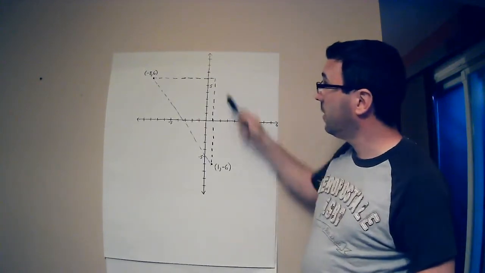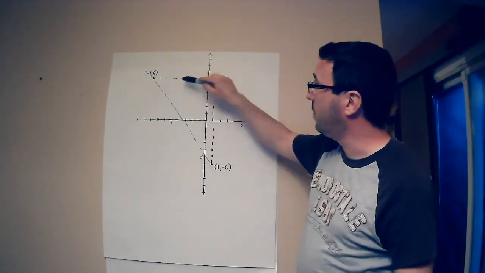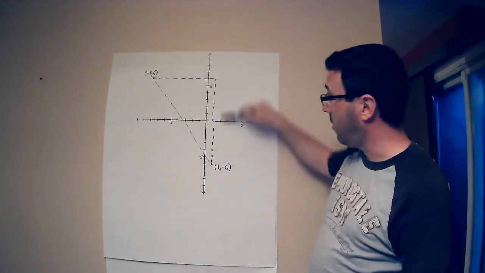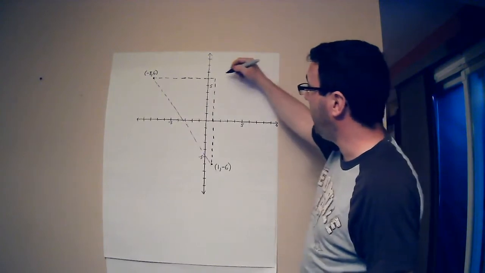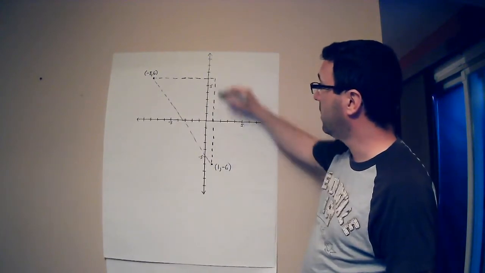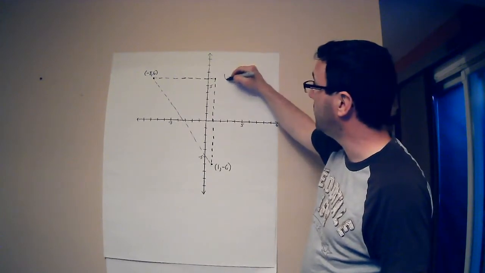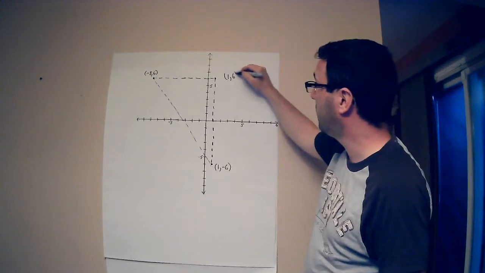I'm going to count across and see how many spaces that is. I'm going to count up and down and see how many spaces that is. What I want to point out is this point right here is 1, 6.